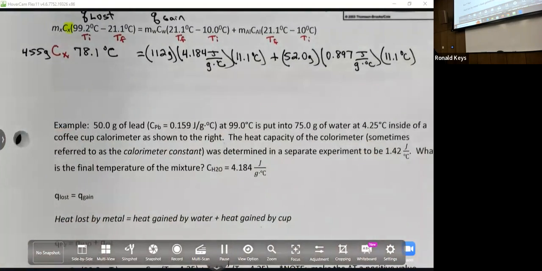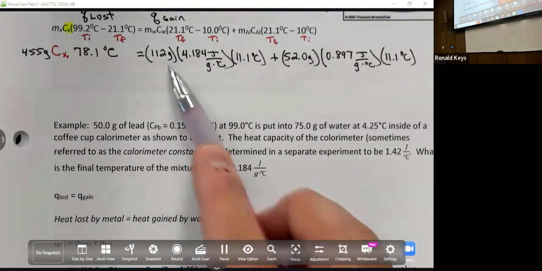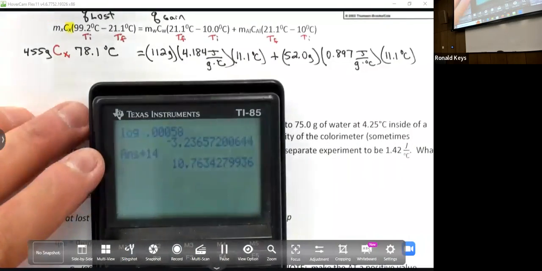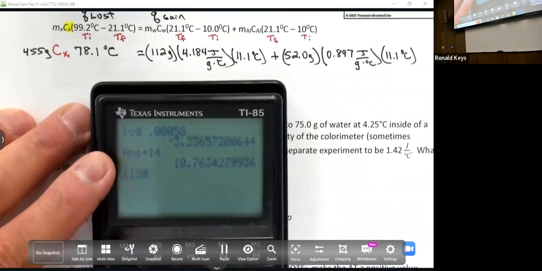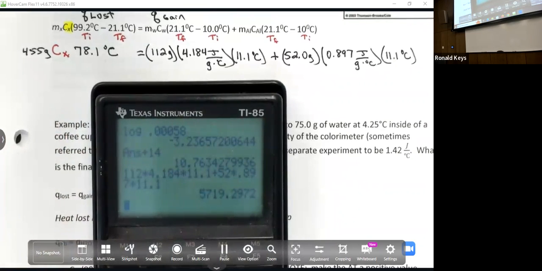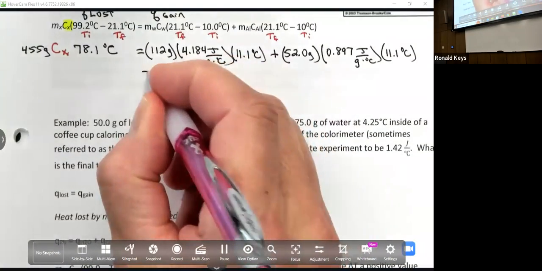So grab your calculator. What do you get on this side? You should be able to go this times this times this plus this times this times this right in your calculator. It should crank it out. You get 5719 on this right side.